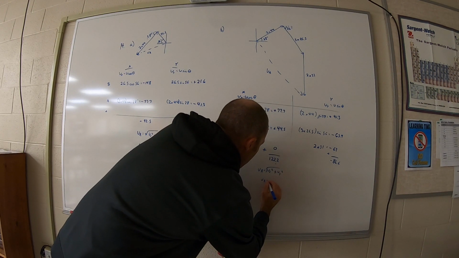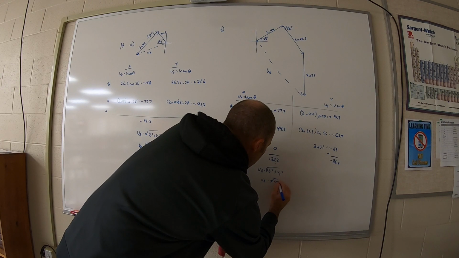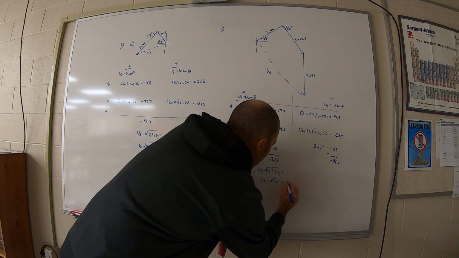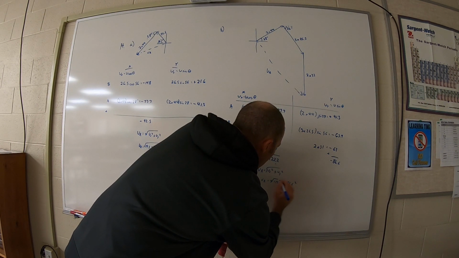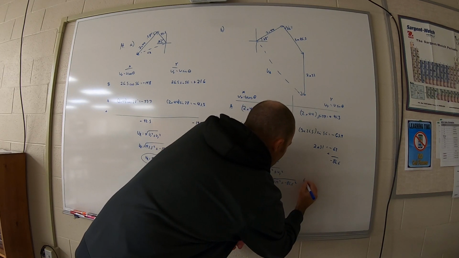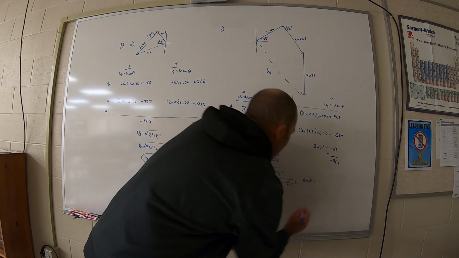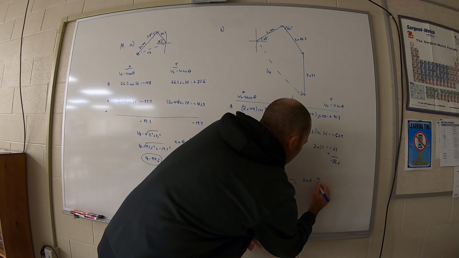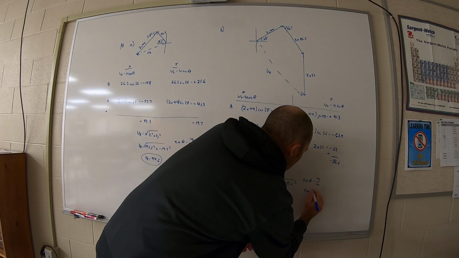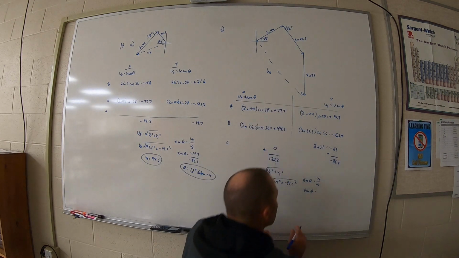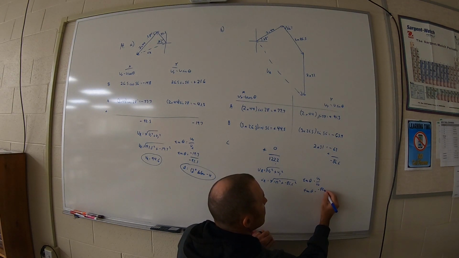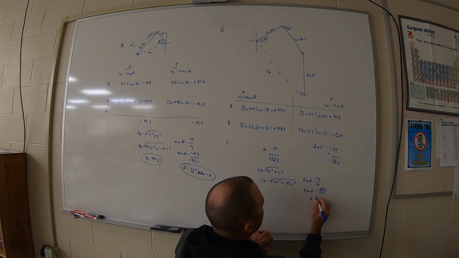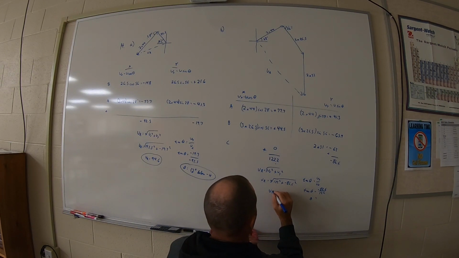So VR is equal to the square root of 122 squared plus negative 86.6 squared. And then we can say tangent of theta is equal to Vy over Vx, where tangent theta is equal to negative 86.6 divided by 122. And so let's solve for both of these.